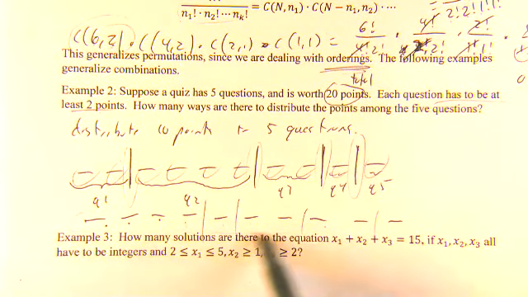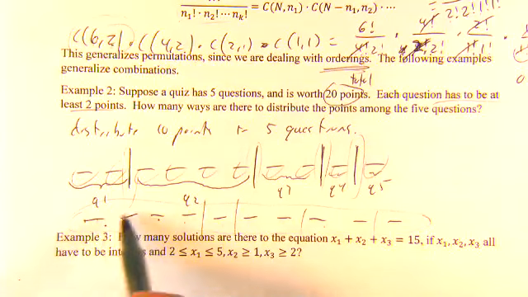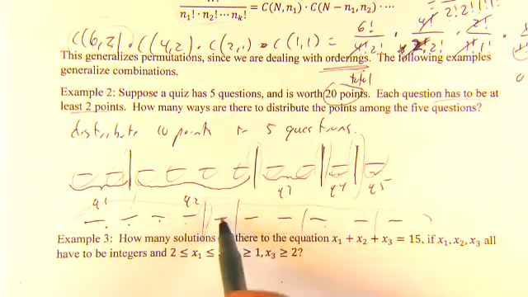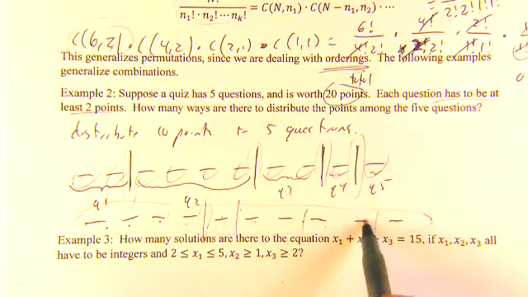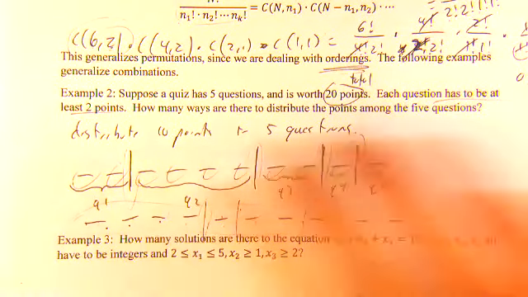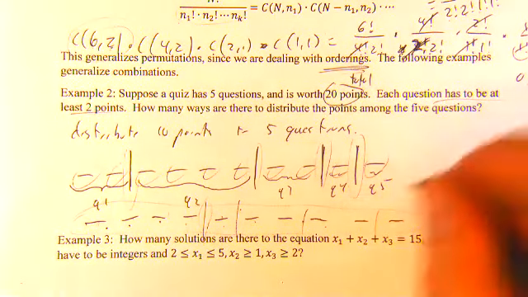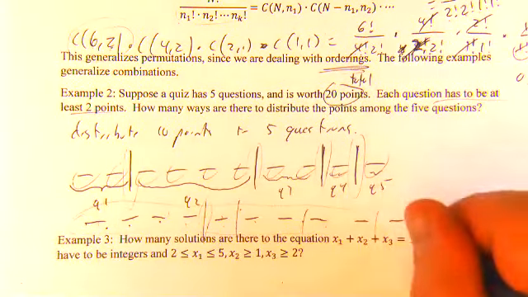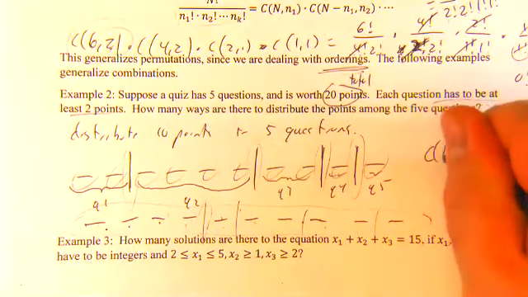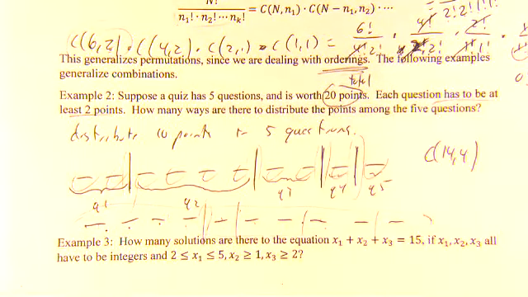Really, if you look at this string, I've got 14 different symbols, all of which are either places to put a point or a divider. And the question is, in this list of 14 places, where do the 4 dividers go? So there's C(14,4) ways to distribute the points among the 5 questions.